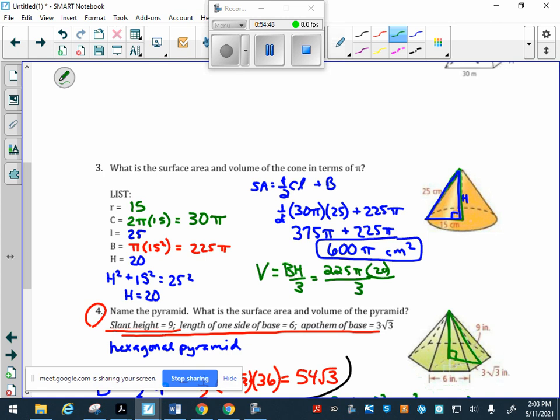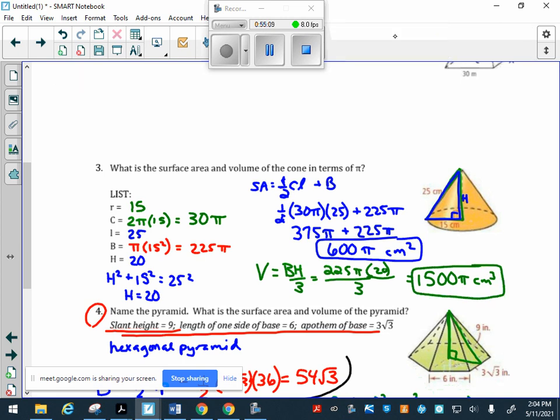The whole thing over 3. So 225 times 20 divided by 3 is 1,500 pi. Cubic centimeters.